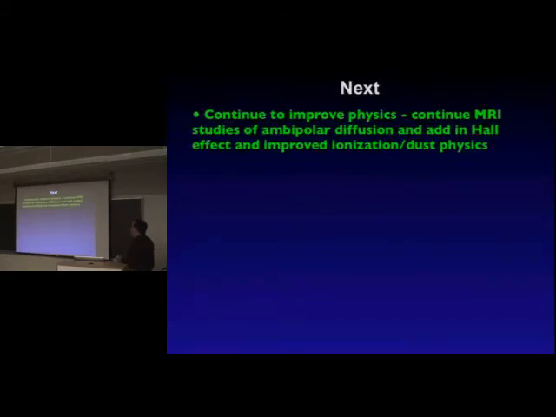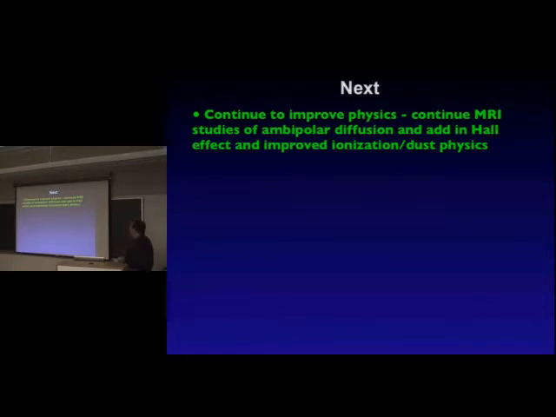Okay, so what's next then? So sort of to tie it all together, the first thing is we do want to improve physics, continue our studies with ambipolar diffusion, and add in the Hall effect, because as you saw, it was a very dominant effect in intermediate densities, and we really don't even understand how that affects the MRI yet.